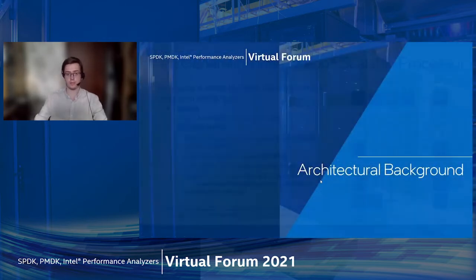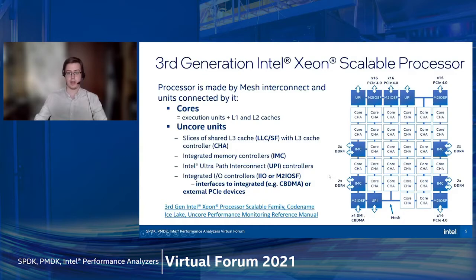Okay, let's start with architectural background. So this is what an Intel Xeon Scalable processor looks like, the picture on the right. It is made by a mesh interconnect, which is the grid underneath on this picture. And this mesh interconnect connects various units on the chip.